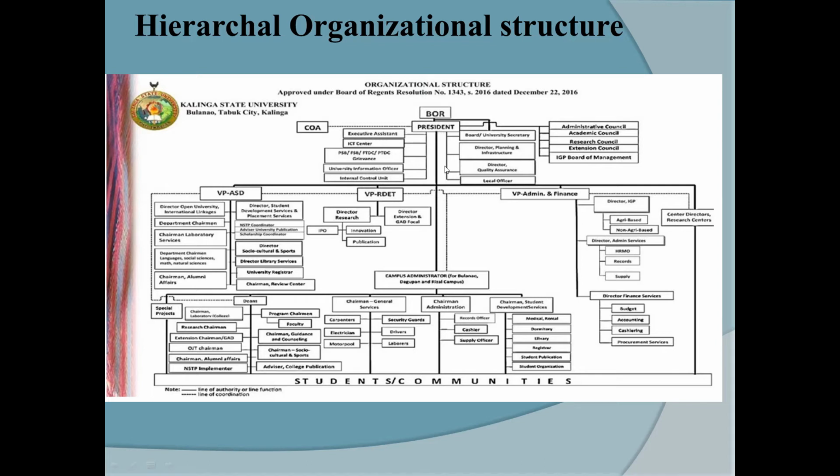Under the president, we have the top executives: the executive assistant, the ICT center, the FTDC, grievance, university information officer, the internal control unit, the board or university secretary, the director for planning and infrastructure, director for quality assurance, the local officers, the administrative council, academic council, research council, extension council, and IGP board of management.